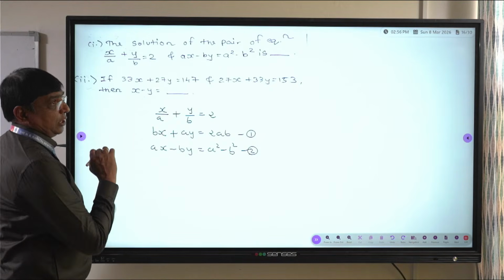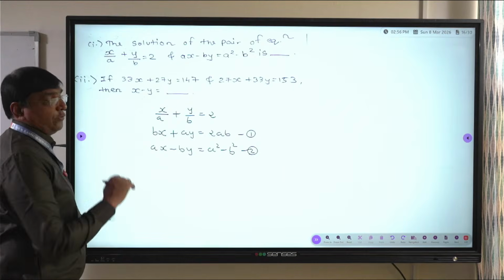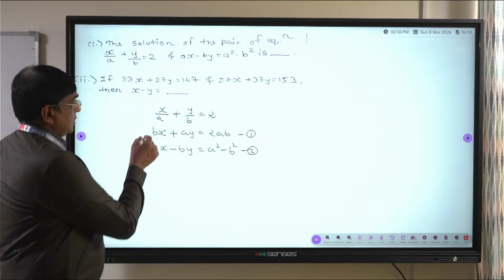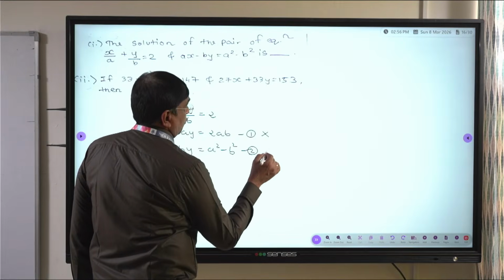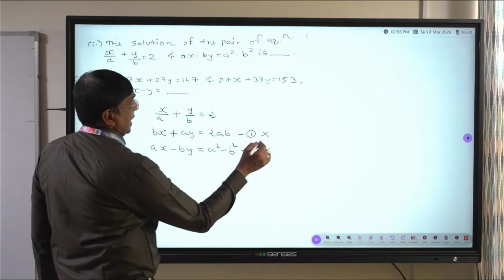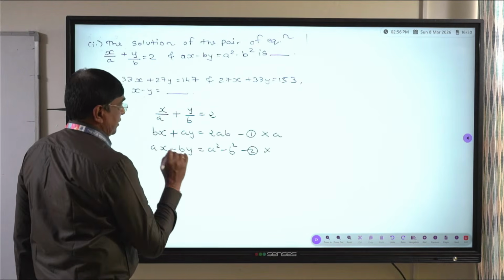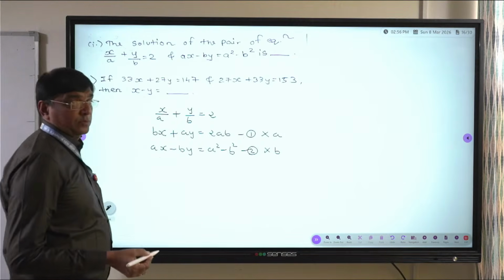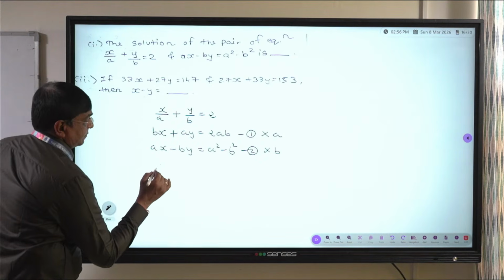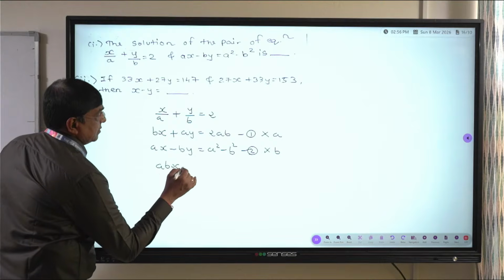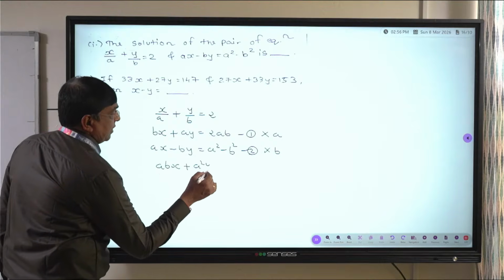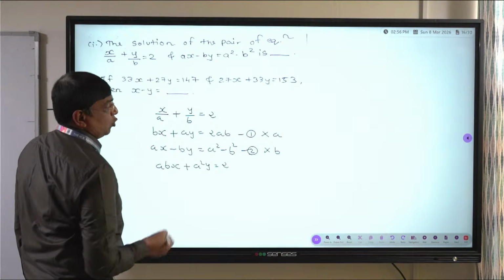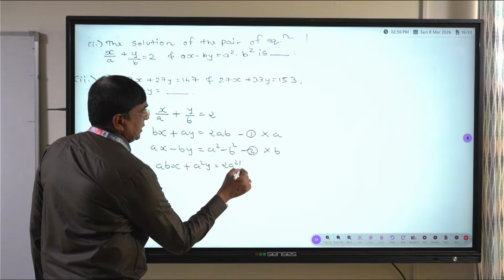For elimination, we require the same coefficient of x. So multiply the first equation by a and the second equation by b. So we get abx plus a square y equals 2a square b.